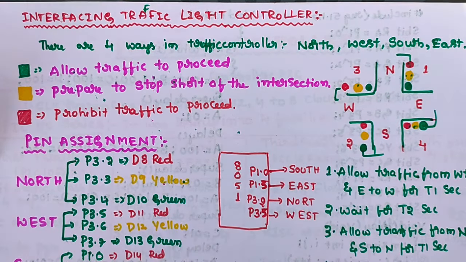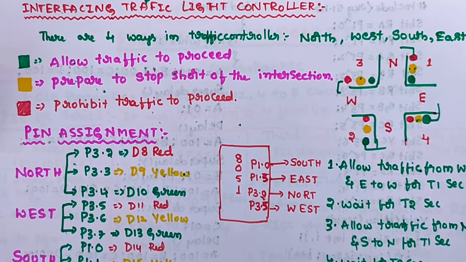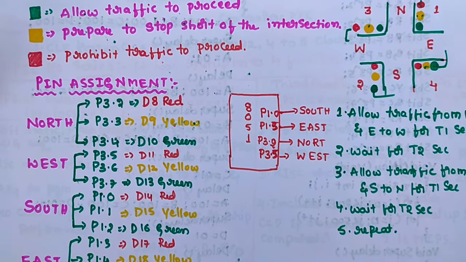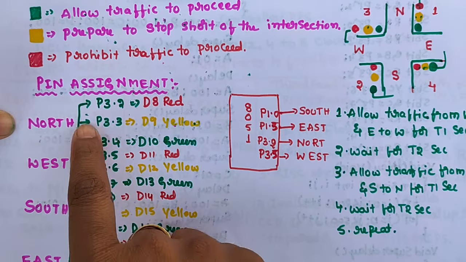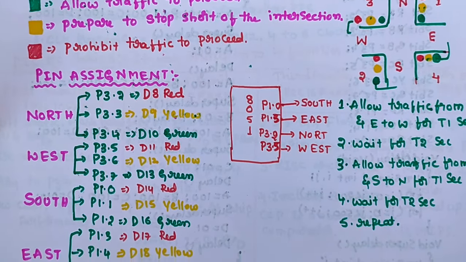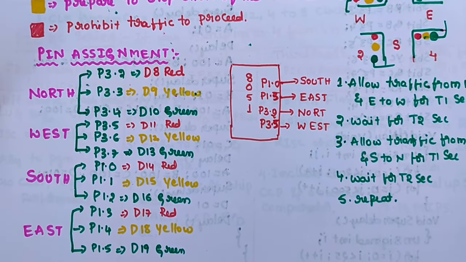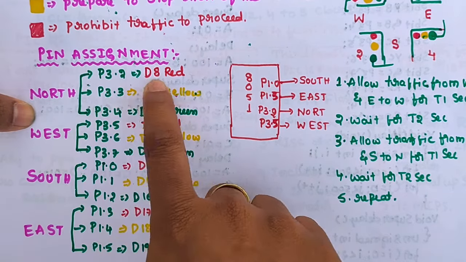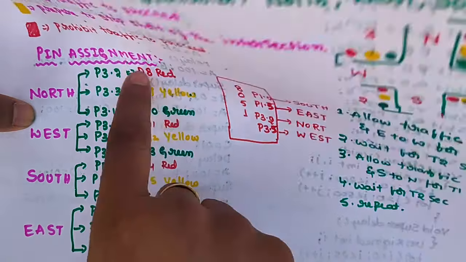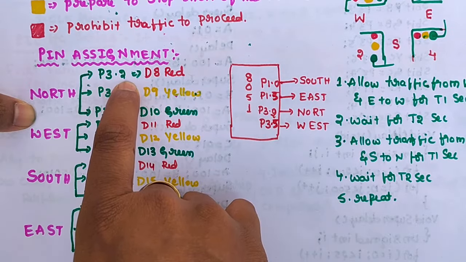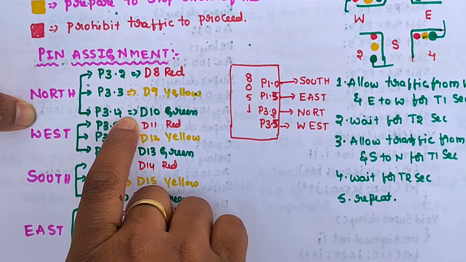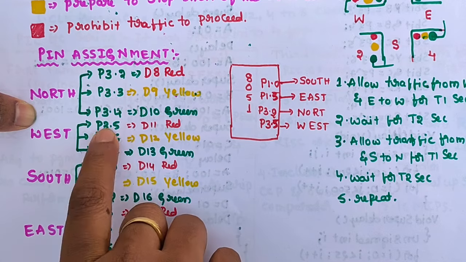Here, in order to interface the traffic light controller, I will assign the pins to the four different ways. North uses three pins: red, yellow and green. Red is assigned to P3.2, yellow to P3.3, and P3.4 is for green.